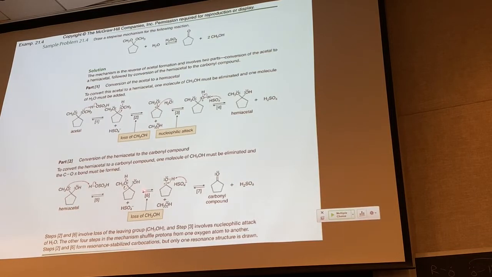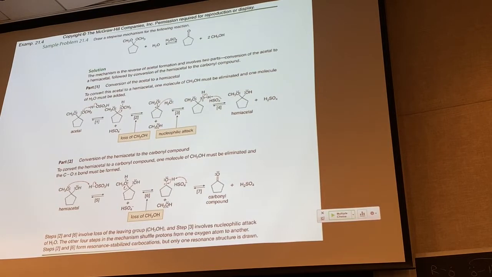Neutral, positively charged, neutral. So they're always going to be either positively charged or neutral. So if you're drawing a mechanism and you're using acid and you end up with a negatively charged species, unless it's the conjugate base, then you've probably done something wrong. Okay, so that's a good way to check your work.